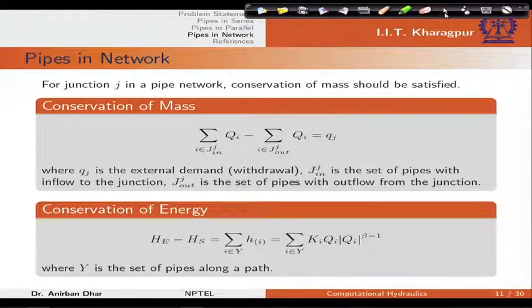Now, in this case one thing should be considered, that if we consider a particular loop, let us say we have 4 nodes. I will connect these nodes with pipes. So, these are, let us say, pipes.